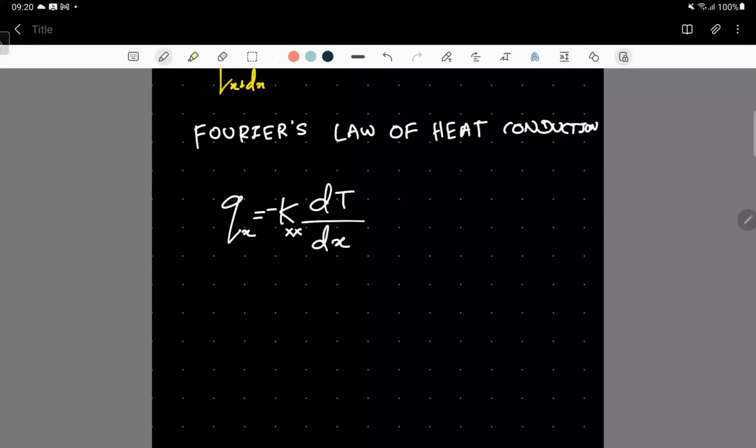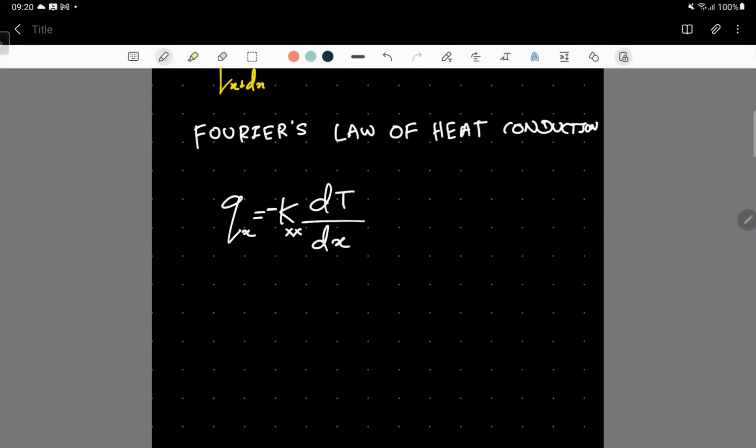The negative sign is included because heat transfer takes place in the opposite direction of the temperature gradient, or in the opposite direction of the temperature increase. That is the intention of including a minus sign.